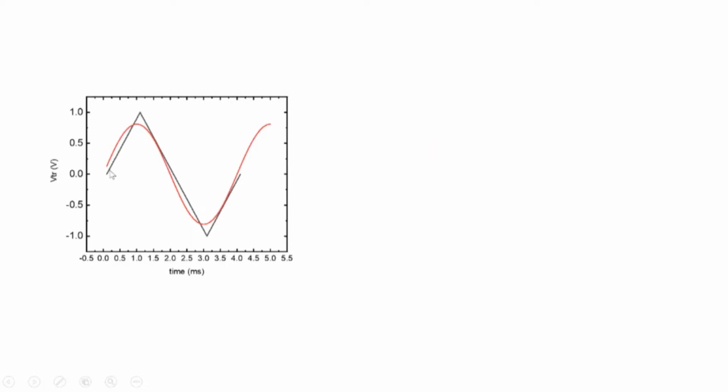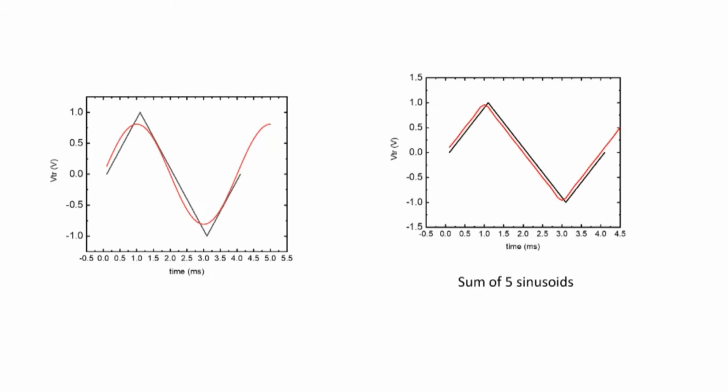If we look at a triangular wave here, if I try to approximate it by a single sinusoid, obviously the approximation is not that good. But if I take 5 sinusoids, it becomes hard for you to distinguish which one is the real triangular wave and which one is the approximation. If you notice carefully, there are some variations in the red curve here. So that's the approximated triangular wave compared to the full original triangular wave.